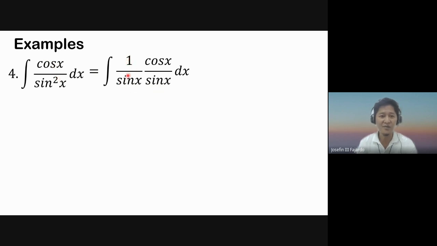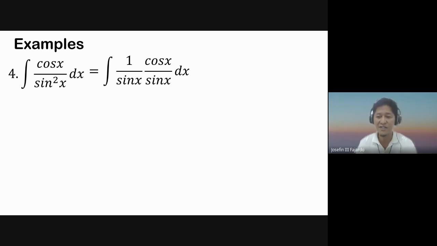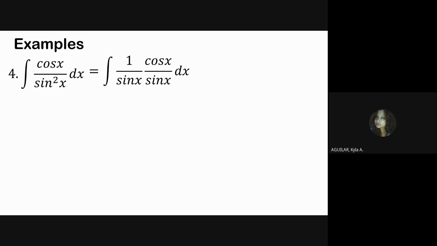So with this, what is 1 over sine x? Cosecant x. And cosine x over sine x is? Cotangent x. Okay, very good, cotangent x.